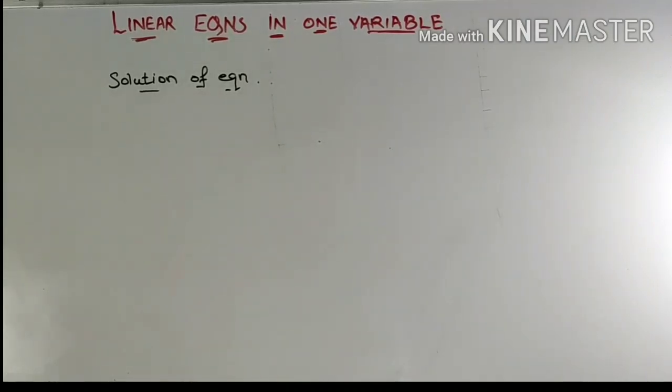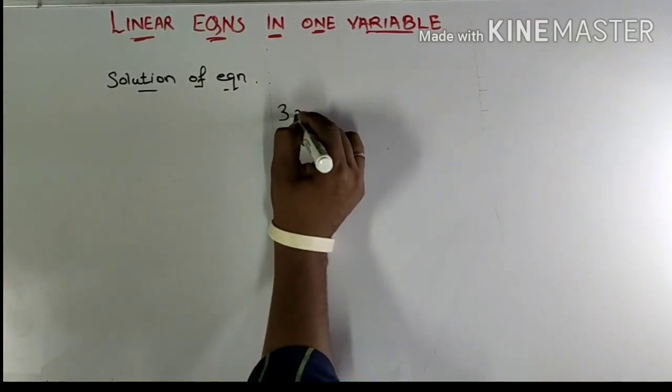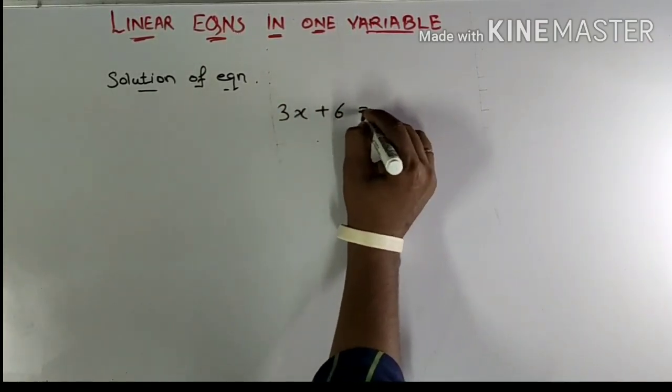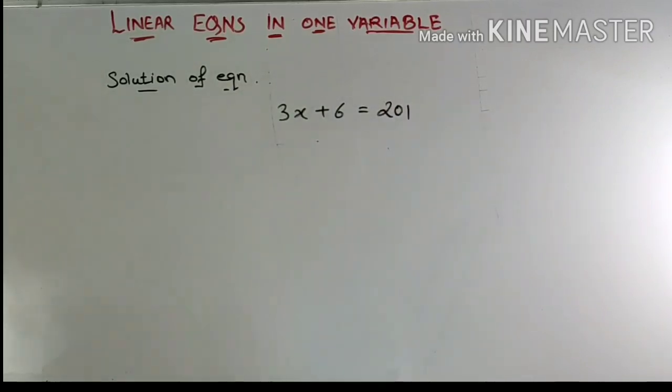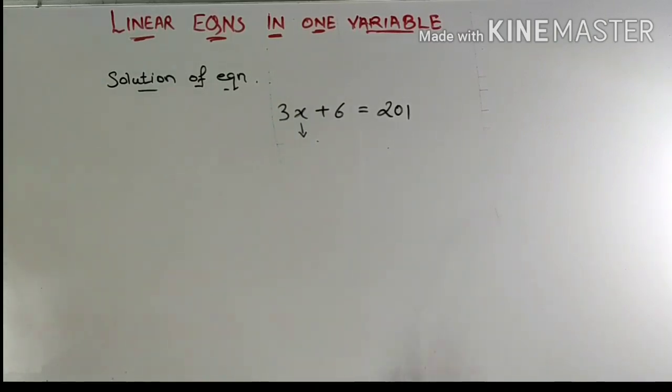Before actually solving the problems, I would like you all to know what we mean by the solution of an equation. Whenever you have an equation like the one we have taken in the previous sum, that is 3x + 6 = 201, this variable can take any value, so its value can change.